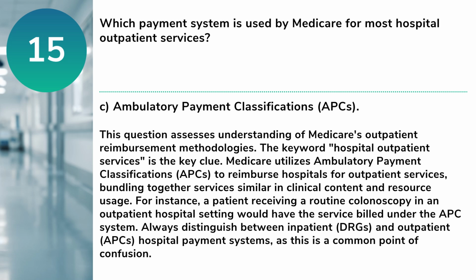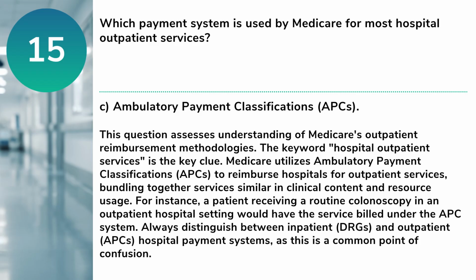For instance, a patient receiving a routine colonoscopy in an outpatient hospital setting would have the service billed under the APC system. Always distinguish between inpatient, DRGs, and outpatient, APCs, hospital payment systems, as this is a common point of confusion.